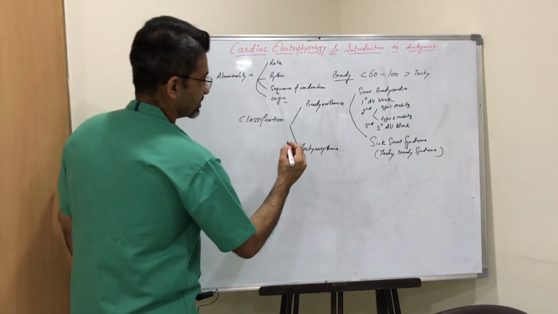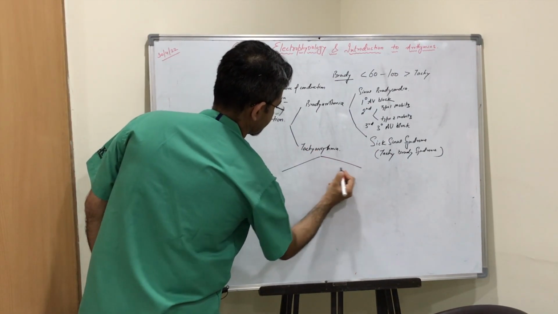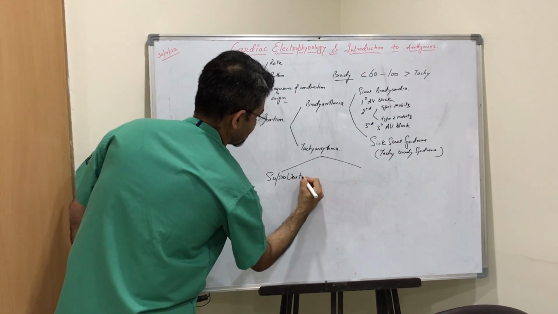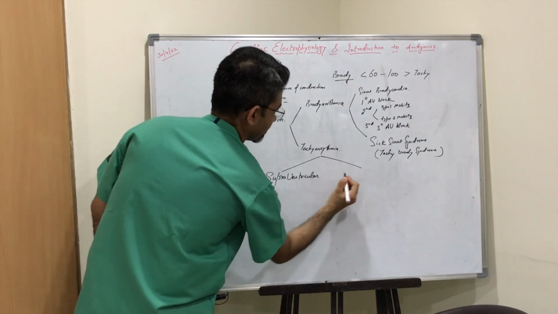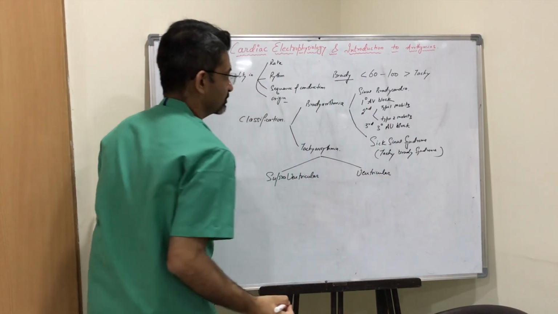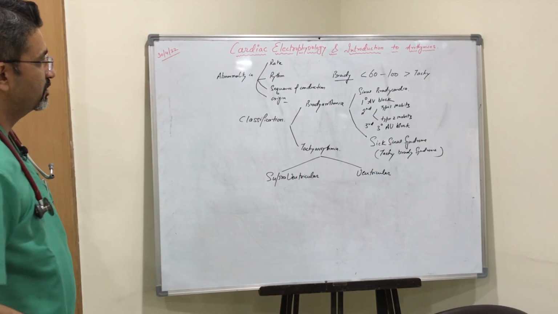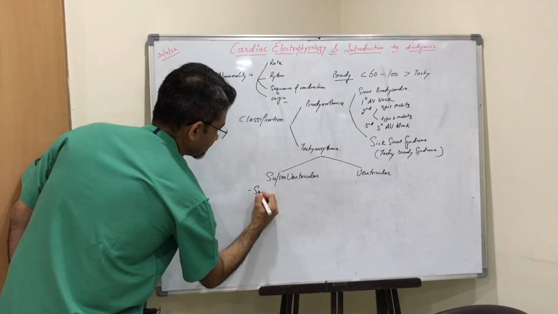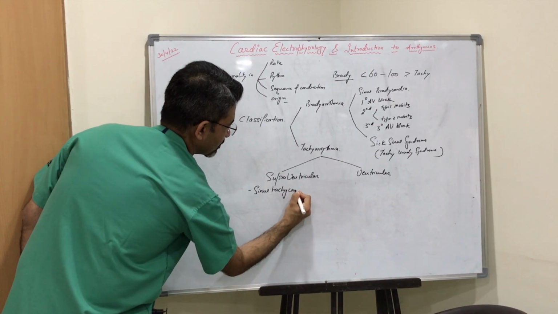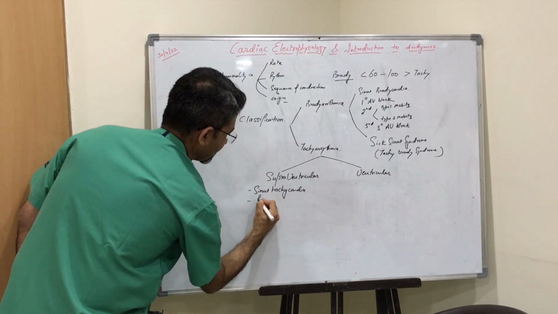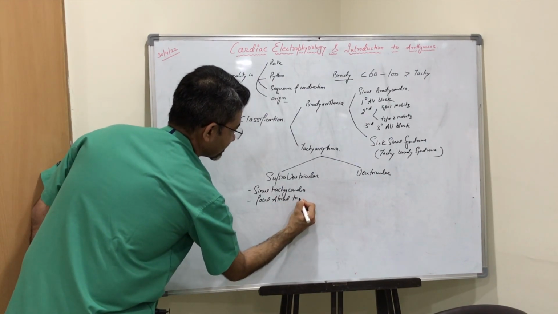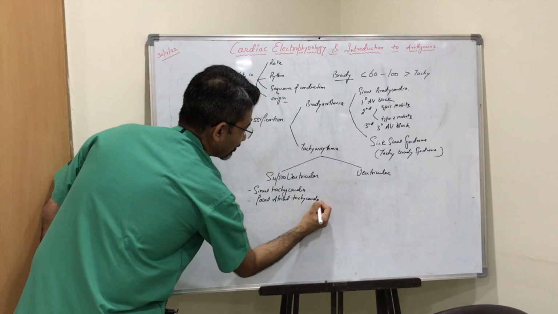If we classify tachyarrhythmia, it can be of two types: supraventricular and ventricular. In supraventricular, you have sinus tachycardia, you have focal atrial tachycardia, also known as FAT.